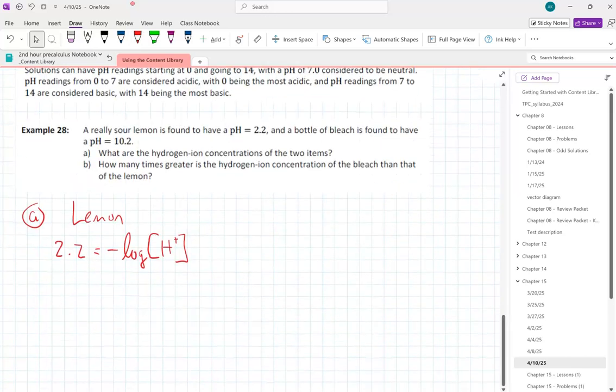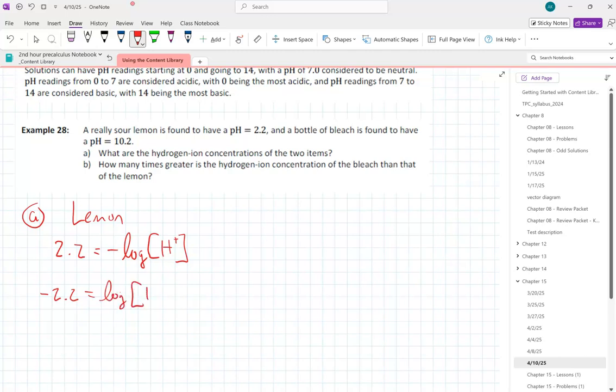So to get the concentration of hydrogen by itself, I need to start by getting that negative sign to the other side, so I can divide by a -1. And then I need to cancel out that logarithm attached to the concentration of hydrogen ions. What cancels out log? Exponent base 10.